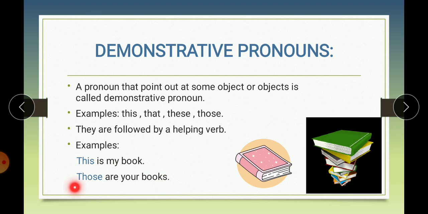Now, this and those, they are demonstrative pronouns and they are followed by a helping verb like is, are. Other helping verbs can also be used, like is, are, has, have, or maybe will, etc.